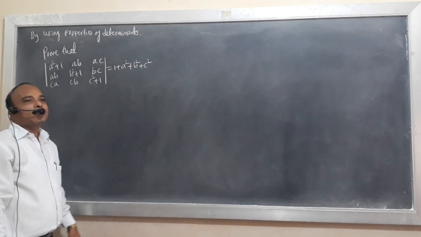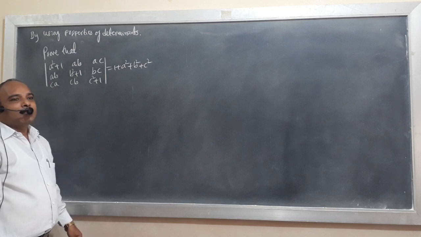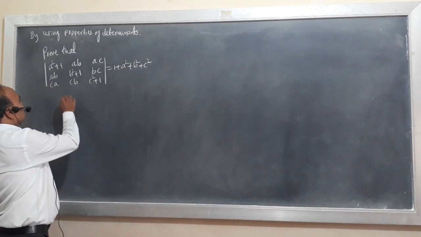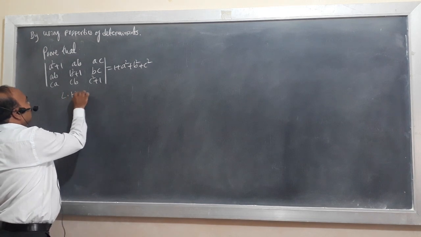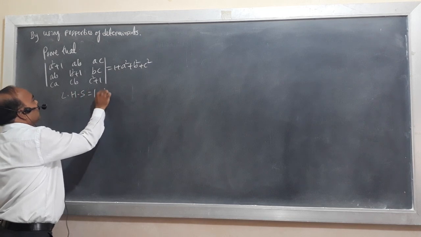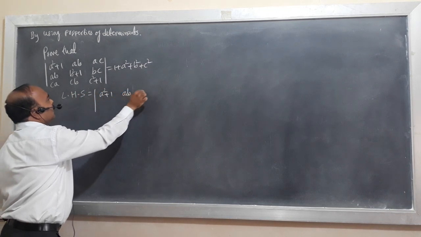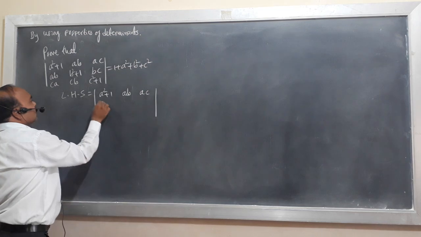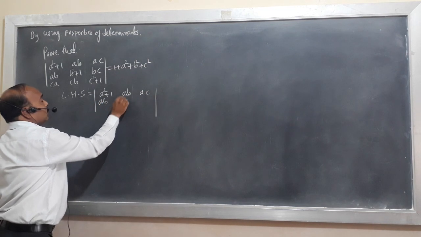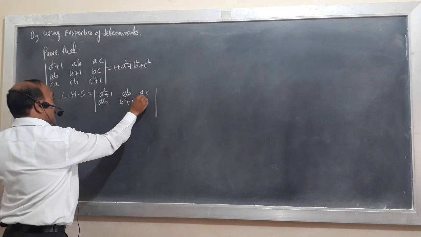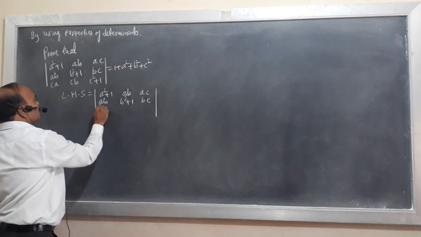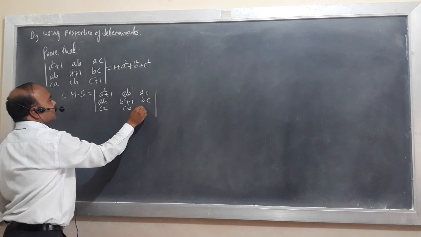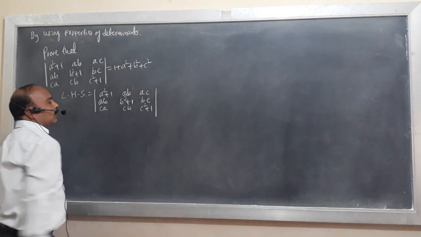This we can prove by using the properties of determinants. Now first we take LHS of this. LHS equals a square plus 1, ab, ac, ab, b square plus 1, bc, ca, cb, c square plus 1.